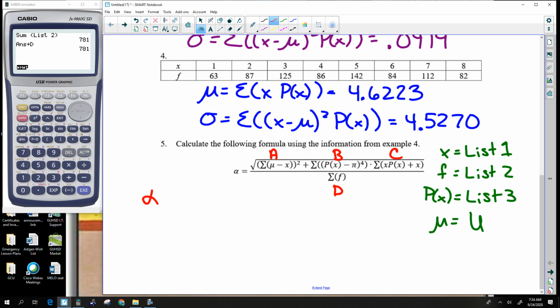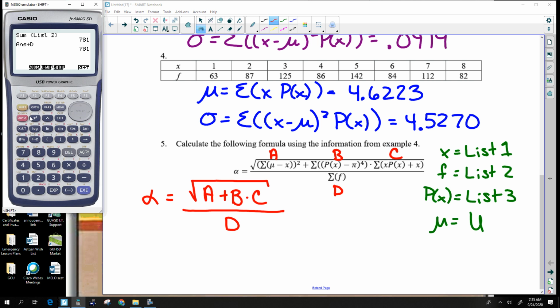Alpha is equal to the square root of A plus B times C, divided by D. So I'm going to get that complete top answer. So that's going to be the square root of A plus B times C. So that's the top. Now all I have to do is divide by D.